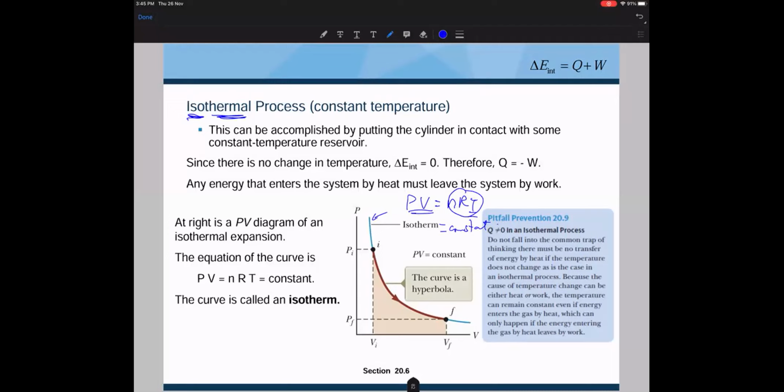And as we will see later, when your temperature is not changing, internal energy of the system does not change. This is the case for the ideal gas. So delta E is equal to 0, meaning that any heat transfer is converted into work done. So that is the case of an isothermal process.